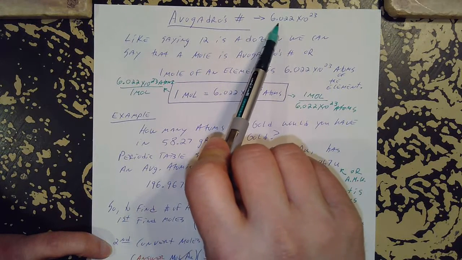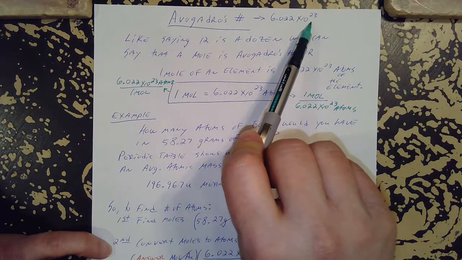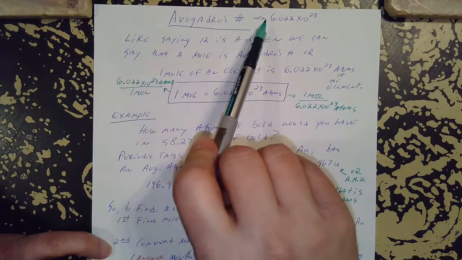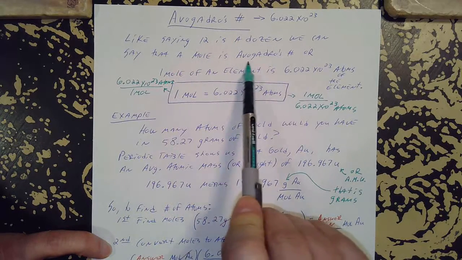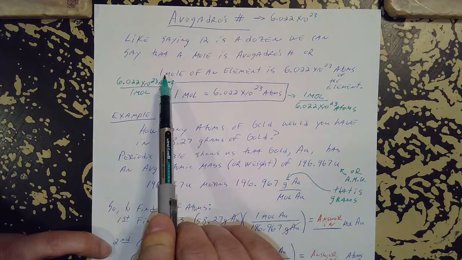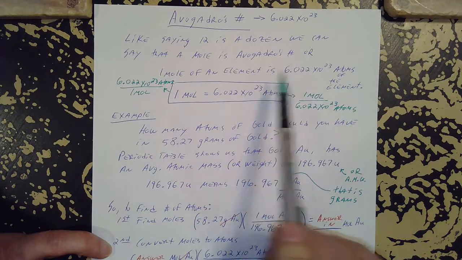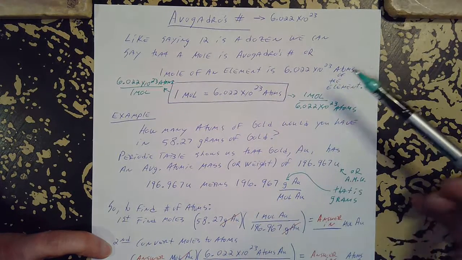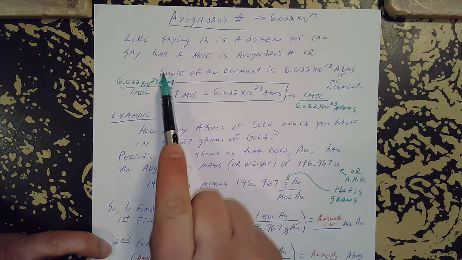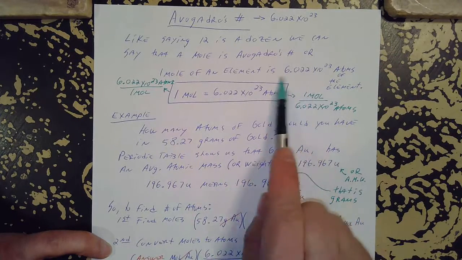We can say a mole is Avogadro's number, or 1 mole of an element is 6.022 times 10 to the 23rd atoms of the element. So 1 mole is this many atoms of that element.